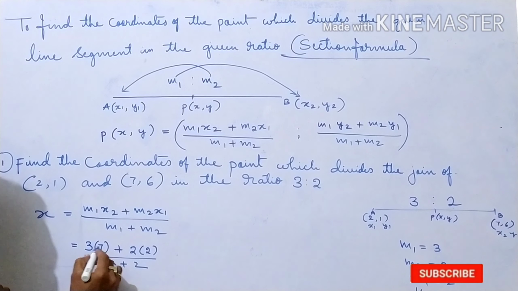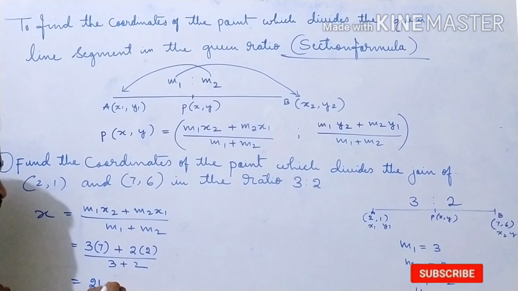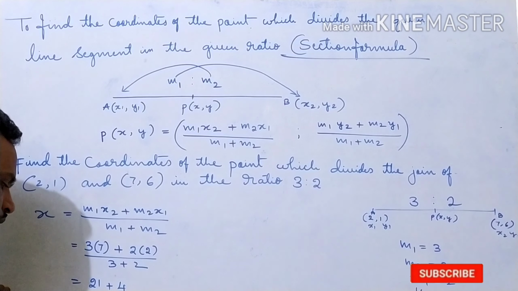Then 3 7s are 21 plus 2 2s are 4, whole divided by 3 plus 2, which is 5. Then 21 plus 4 is 25, divided by 5. So 5 1s are 5, 5 5s are 25. So x is equal to what we got here? 5.